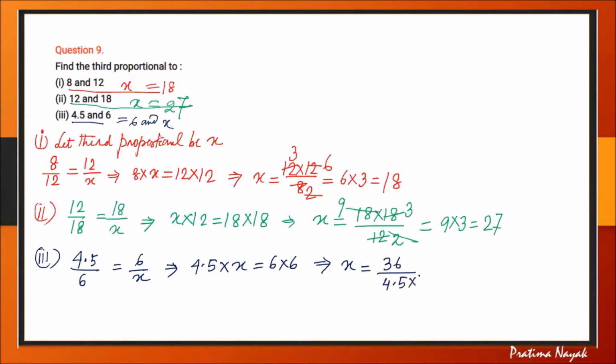No problem, multiply with 10. So this will be 36 into 10 by 45. Cancel with 5. Cancel with 9. 9 4 times, 9 5 times. 5 2 times. So how much you are getting? You are getting 8. So x is equal to 8.